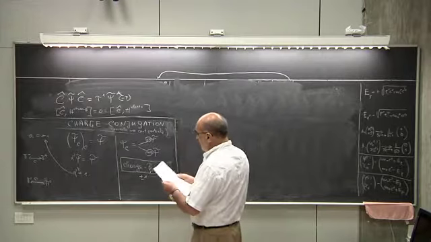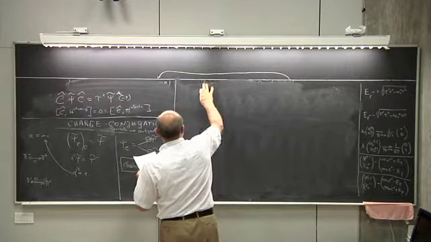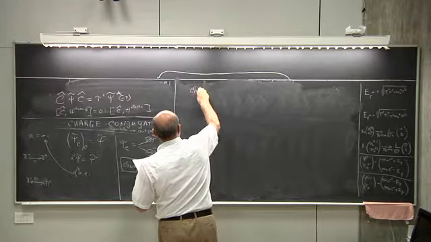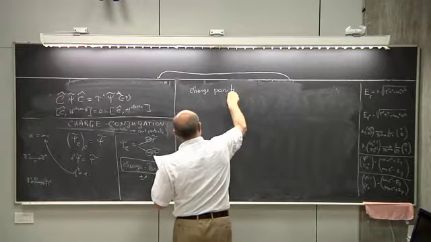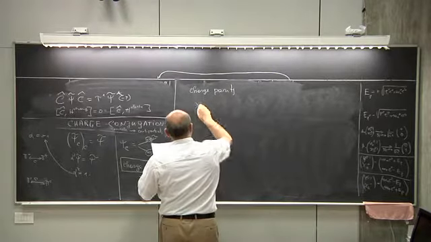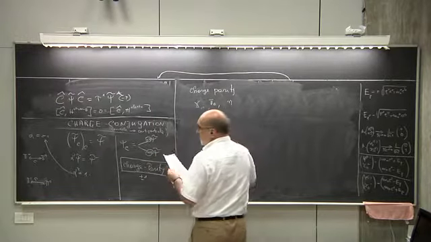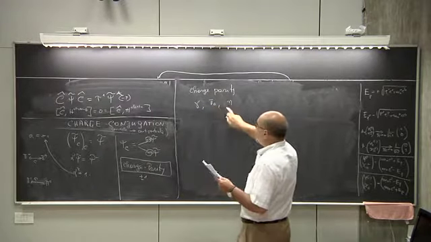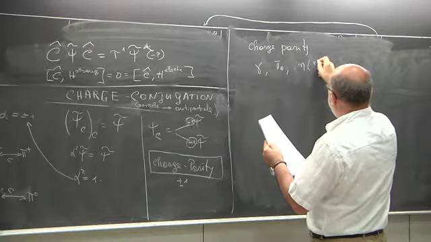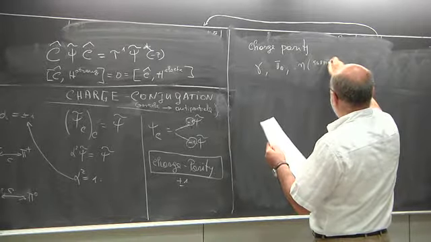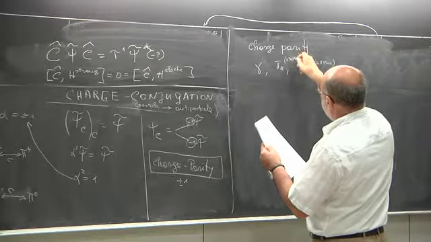But now let's take the following three neutral particles. Let's take the photon, let's take pi 0, and let's take the eta meson. This is the pi meson, this is the eta meson. The eta is much heavier, 548 MeV, and the pi 0 is 134 MeV.